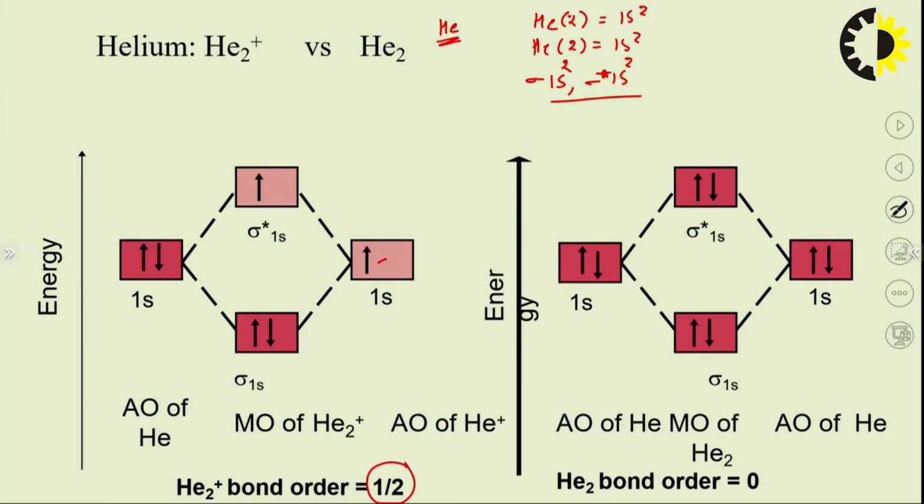And in case of helium-2, this is basically 2 minus 2 upon 2, which means it is 0. So if the bond order becomes 0, it says that the molecule cannot exist in nature. So He2 cannot exist as a molecule, while He2 plus can exist in molecular form.